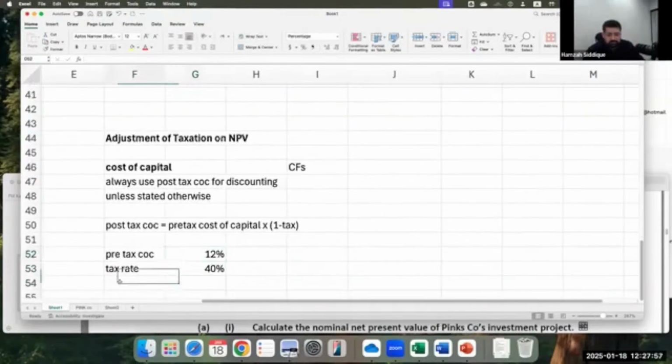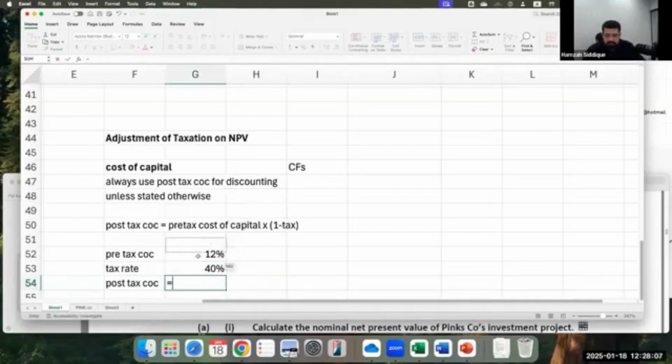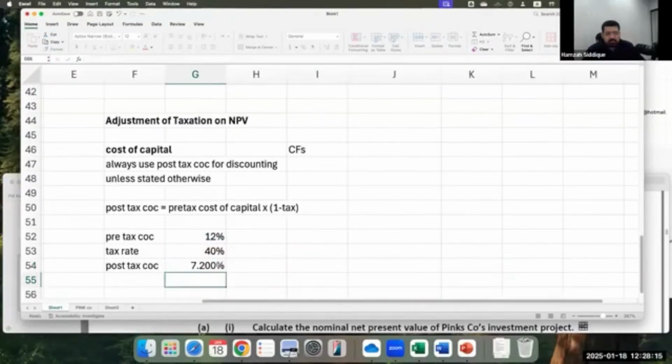Now, what is the post-tax cost of capital? It is equal to pre-tax cost of capital into 1 minus tax rate, 7.2%.